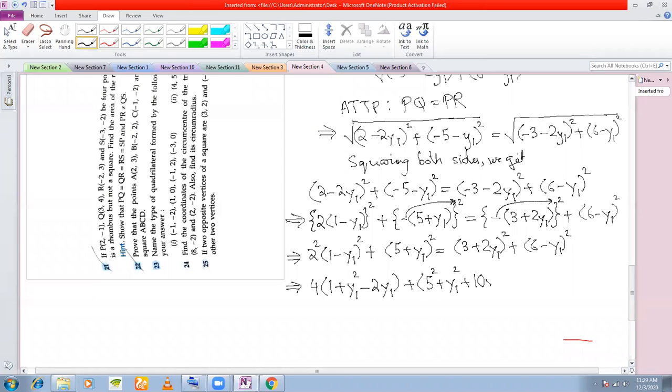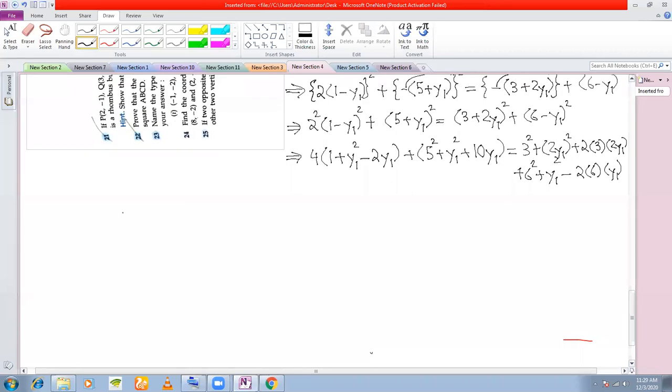2 into 5 into y1 means 10y1 is equal to, again this is a square plus b square plus 2 into 3 into 2y1, plus 6 square plus y1 square minus 2 into 6 into y1. That's it. So now let us see what we get.